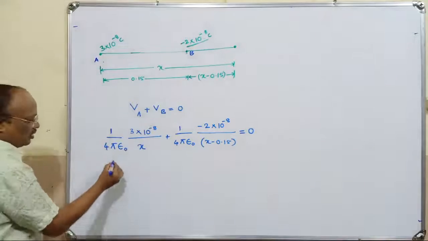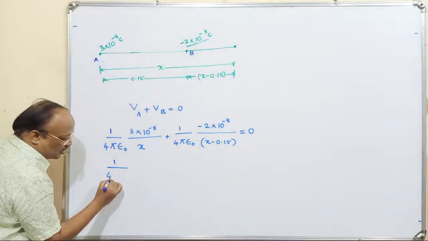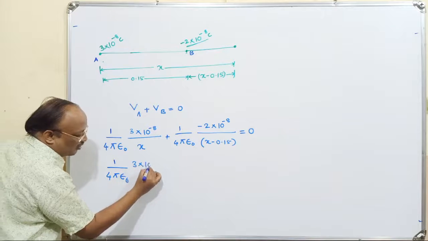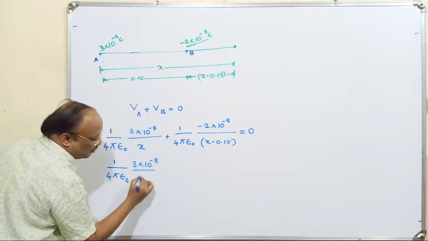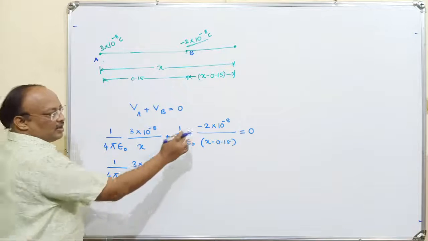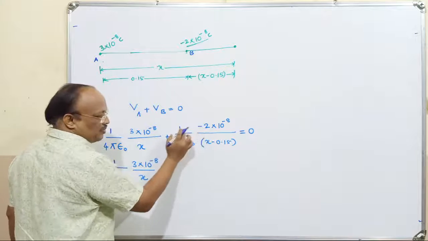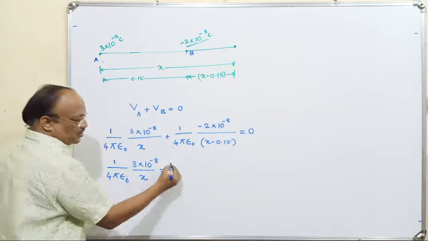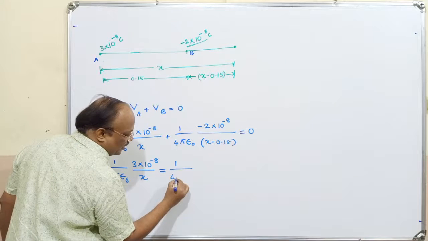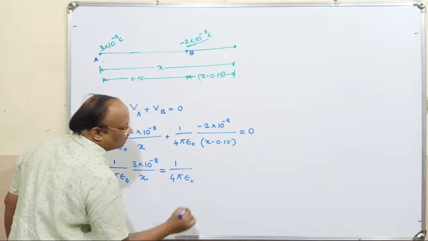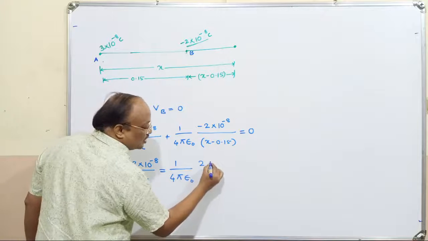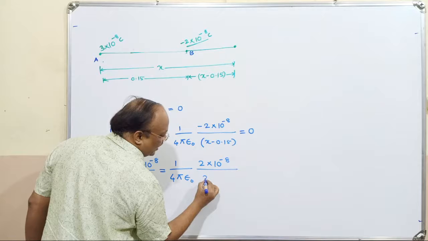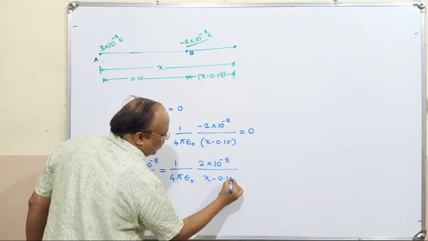So this 1 by 4 pi epsilon naught, 3 into 10 to the power of minus 8 by x, if the minus goes that side, it becomes plus 1 by 4 pi epsilon naught, 2 into 10 to the power of minus 8 by x minus 0.15.